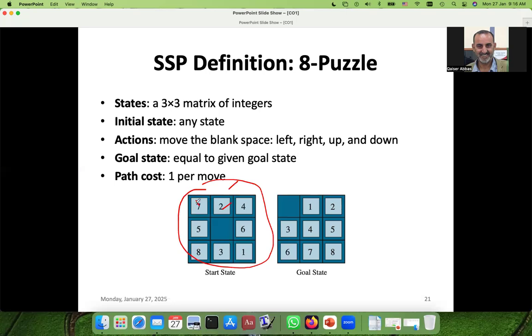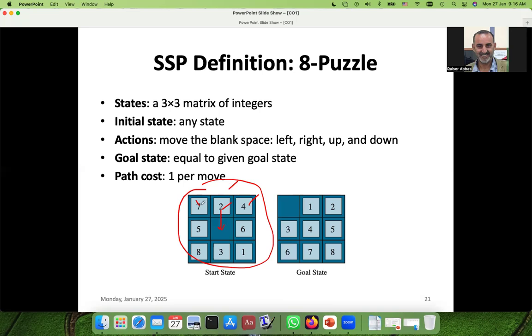Here the 7 is in the top left upper corner, 4 is in the top right upper corner. This pattern is one state. When I move this 2 here, the picture is changed. Then this whole picture is another state, and this is another state.